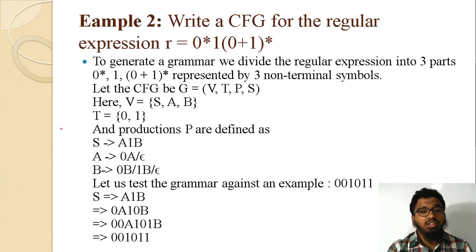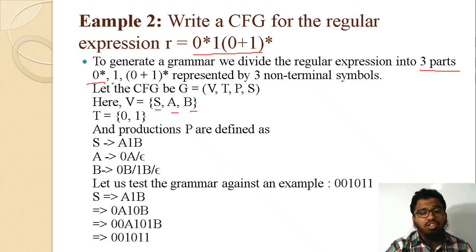Okay, next example: here all the terminals are there. If we have such kind of grammar, how do we do that? S is A 1 B. This is divided into 3 parts. To generate a general grammar, we divide the regular expression into 3 parts.